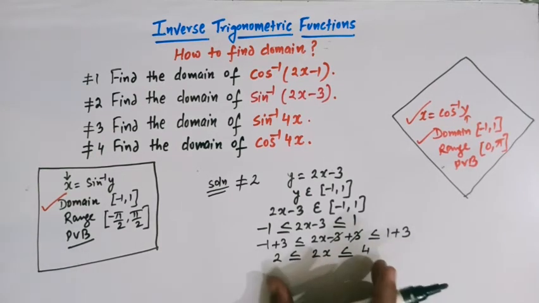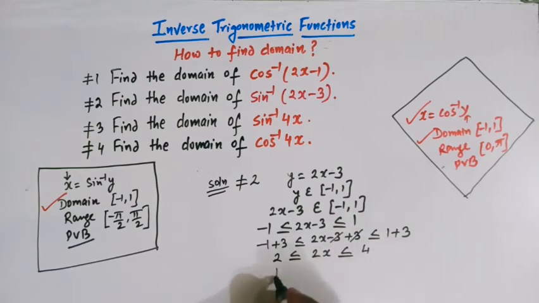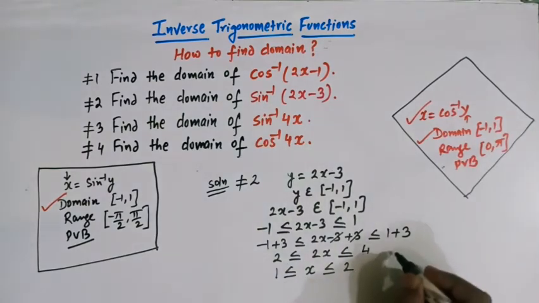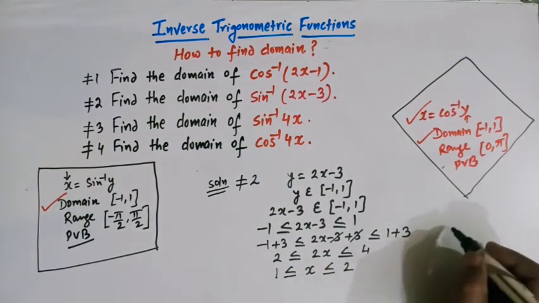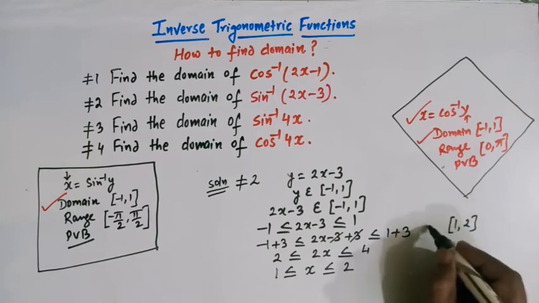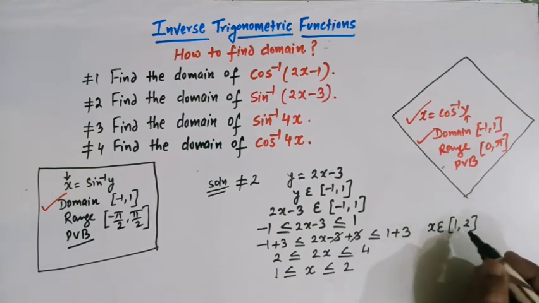Now dividing throughout by 2, we have 1, x, and 2, right? So the domain of this function sine inverse 2x minus 3 is the interval 1 comma 2, and this is the closed interval. So x belongs to 1 comma 2.